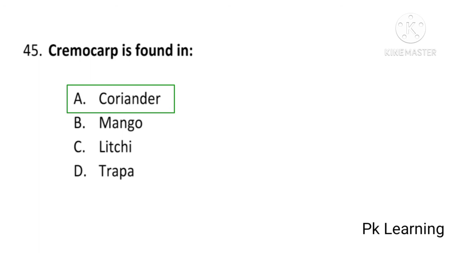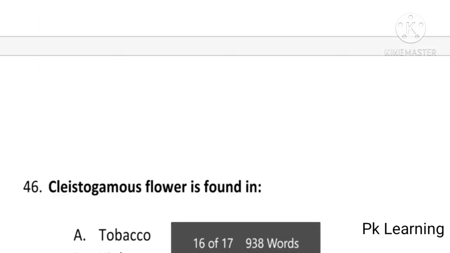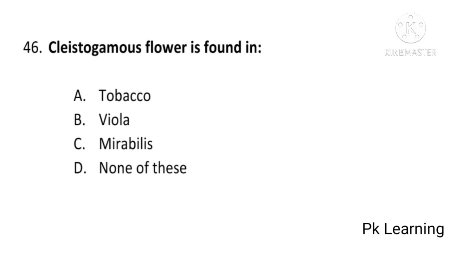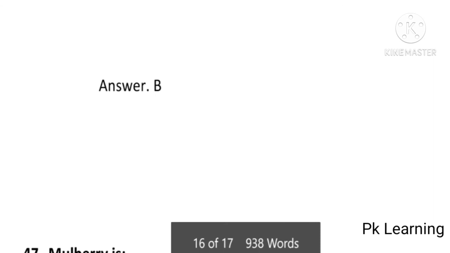Cremocarp is found in coriander. A is correct option. And next question is, cleistogamous flower is found in tobacco, viola, mirabilis, or none of these. And answer is B, viola. Cleistogamous flower is found in viola. B is correct option.